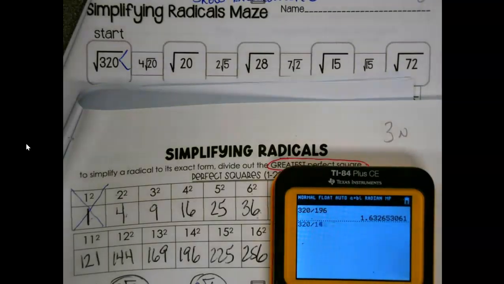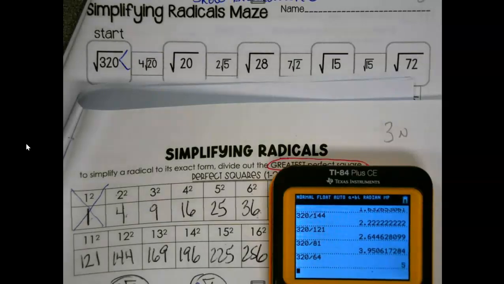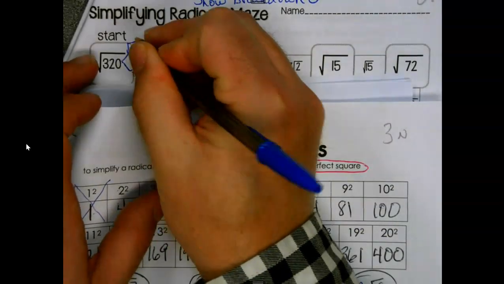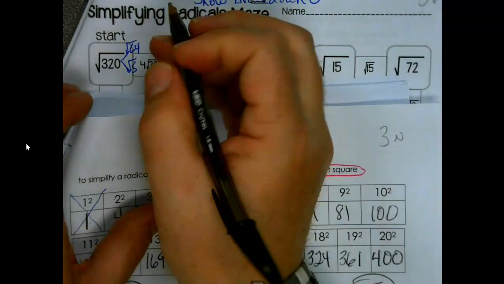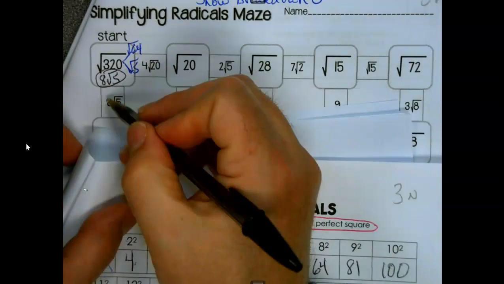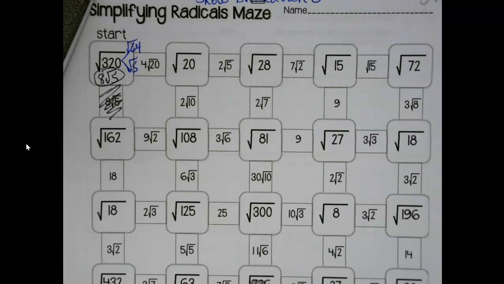I'm good with it. I think that's a winner chicken dinner. All right, I guess I should say turkey dinner. So 64 and 5. The square root of 64 is 8, so 8 square root of 5. And then we just go to the next one that we run into.